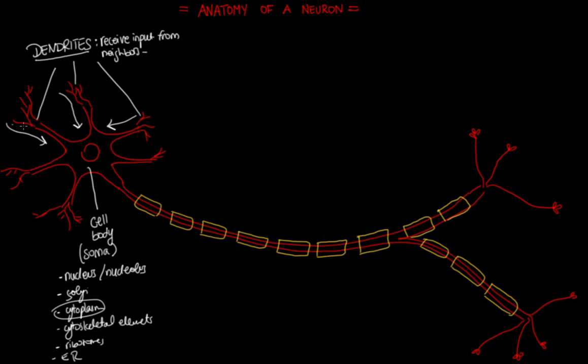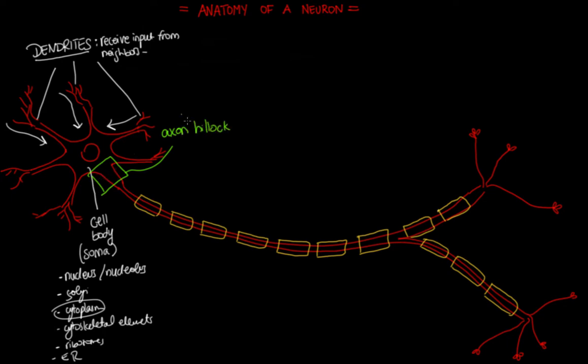But then this input coming in from the dendrites needs to be integrated and processed. And so here comes the next region that is going to be a triangular region at the junction between the cell body and a very long process that we will talk about shortly. So this region right here is what we call the axon hillock.